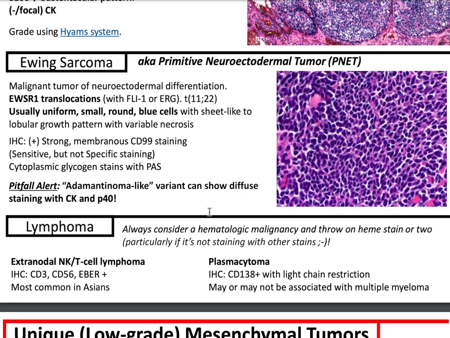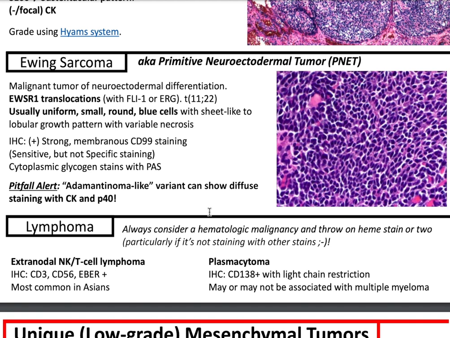Ewing sarcoma, aka primitive neuroectodermal tumor, PNET. This is a malignant tumor of neuroectodermal differentiation. It has EWSR1 translocations with FLI1 or ERG, translocation 11;22, usually uniform small round blue cells with a sheet-like to lobular growth pattern and variable necrosis.